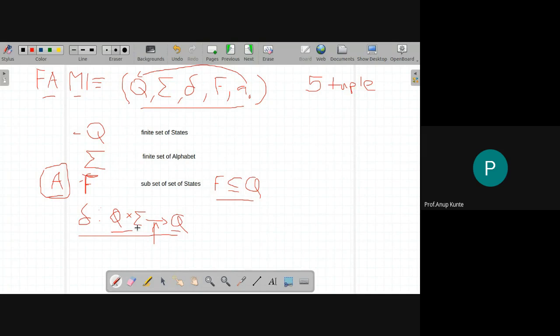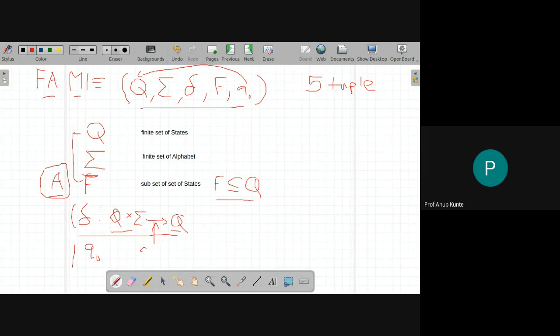Okay. Now, it is not just that for finite automata, this particular mapping is present. There's one more thing, and that is Q0. Now, what is this Q0? I told you that in the definition of these devices, a few things are sets, a few things are functional mappings, and a few things are elements.